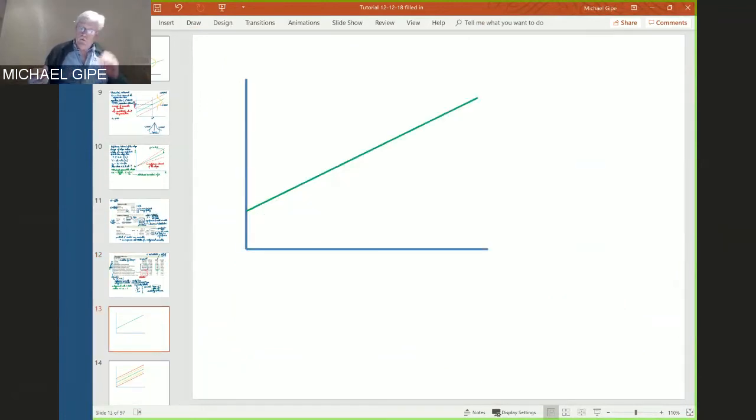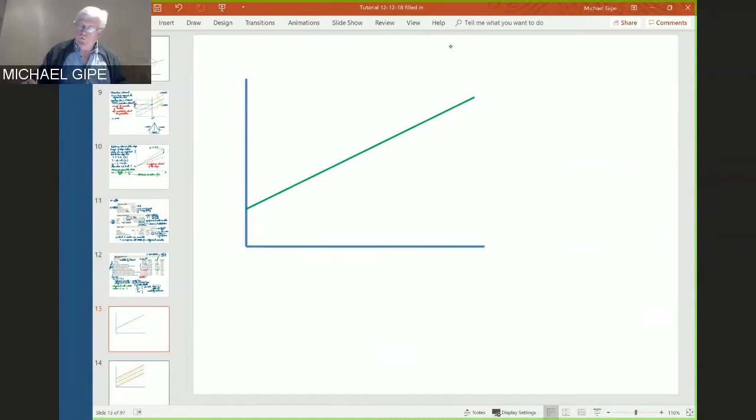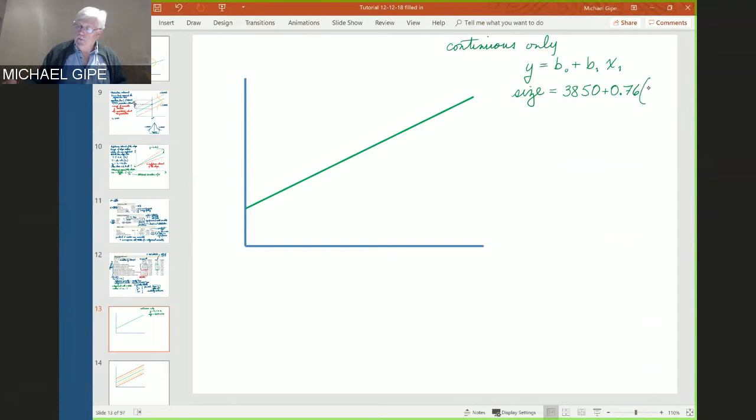So if we were to look at the continuous variable only, we would have a model that looked like this: y equals b0 plus b1 x1. In this case, size is our y, and the size would be 3850, that's our intercept, plus 0.76 times the monthly revenues.